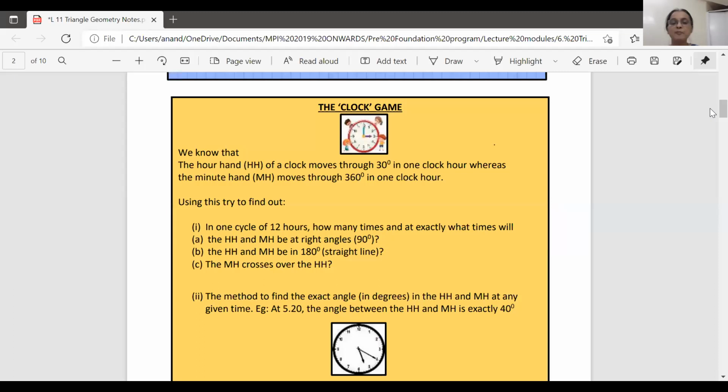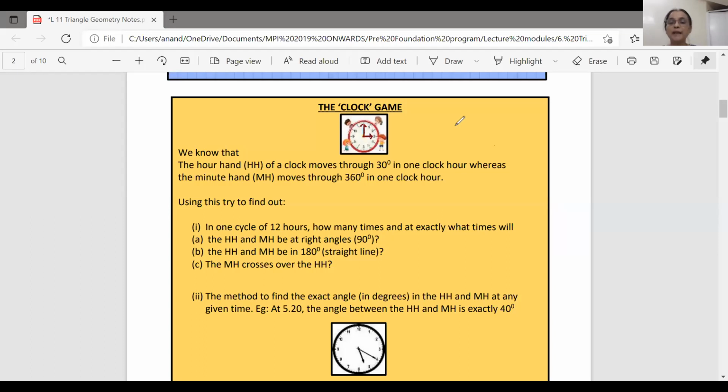If we look at a clock, the hour hand and minute hand are like two rays. And these two rays constantly make some angle, isn't it?